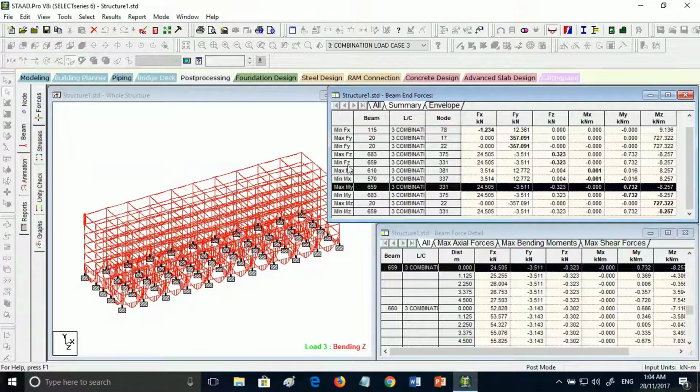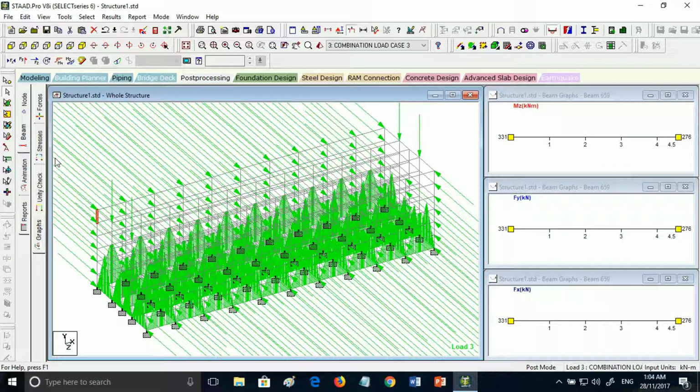It will be at beam 659 with the intensity of 0.732 kilonewton meter, and this will be the shear force and also bending moment diagram for beam 659.